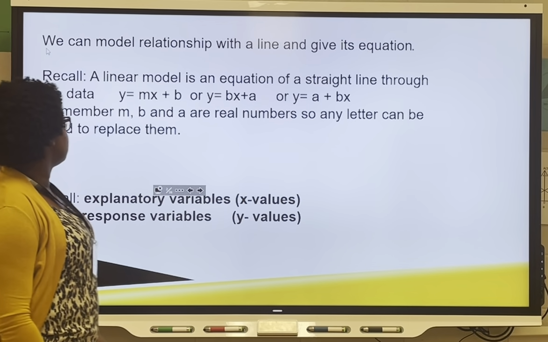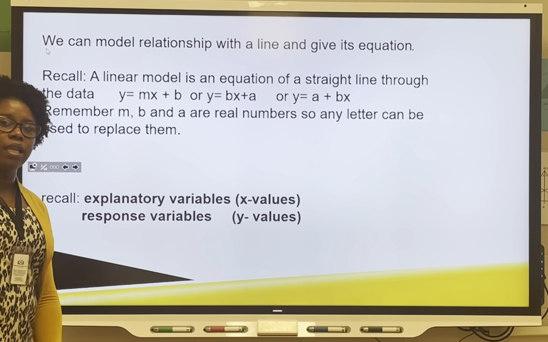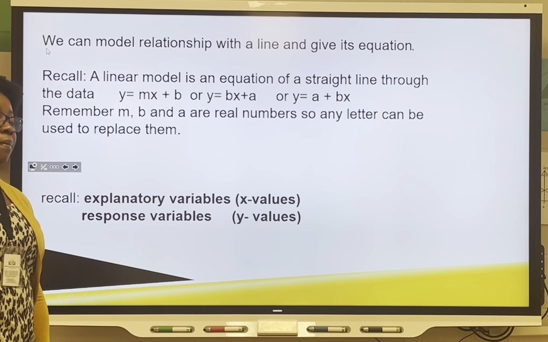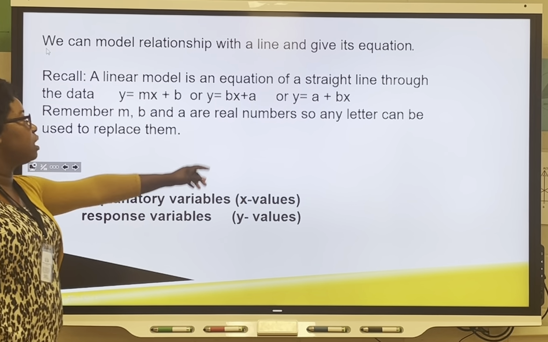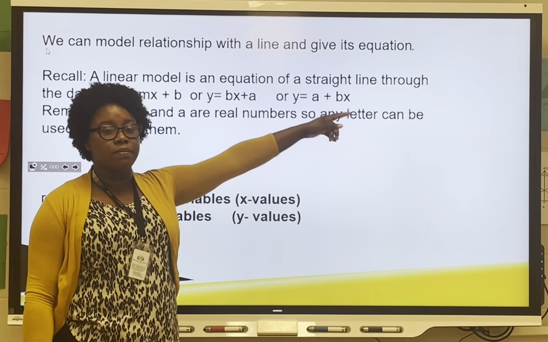So when it comes down to residual, least square regression line, and the linear model, we first need to understand a few things. So we can model the relationship of a line in the form y equal mx plus b. You could also see y equal bx plus a, or a plus bx.